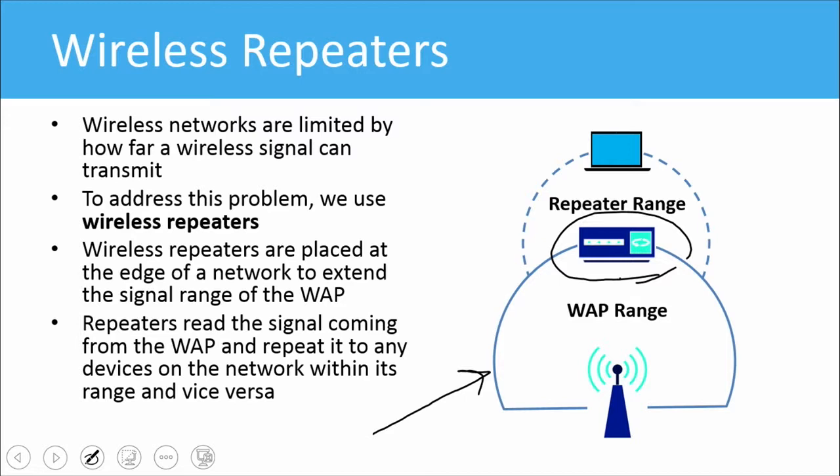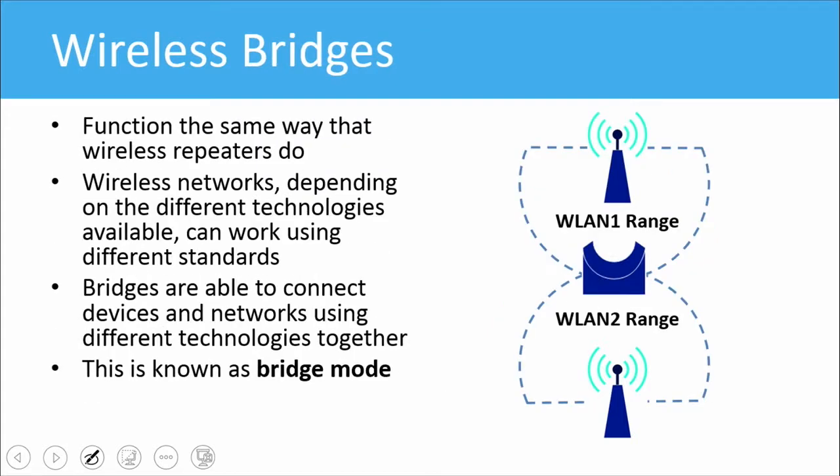Repeaters do this by reading the signal coming from the wireless access point, and then they repeat it and send it out. And of course, we have to make sure our data finds the device there, right? Similarly, it just reverses that process to make sure that your device, if connecting to a repeater, is able to send data back onto the local area network and onto the internet, hopefully. We'll detail a little more about what the internet actually is later too.